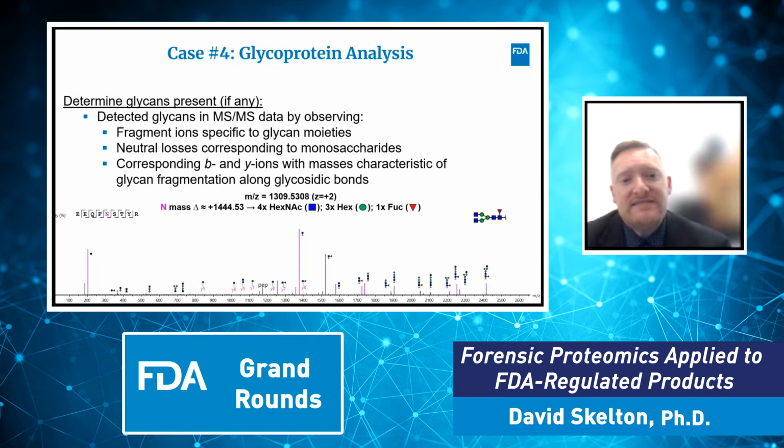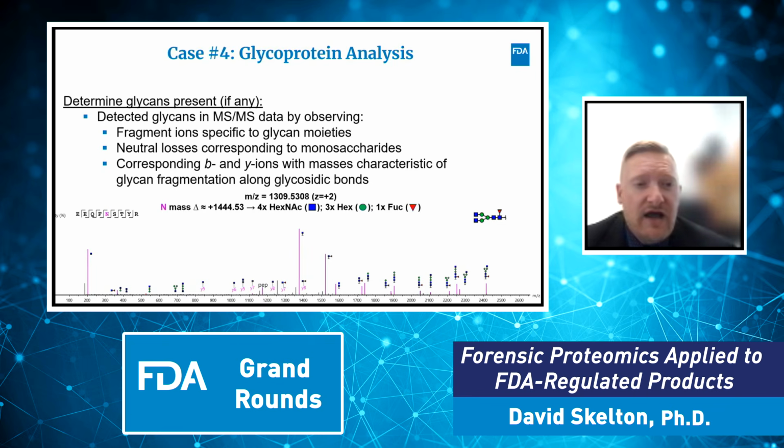We noticed this mass difference on here, and we were able to elucidate the structure of the glycan that was on that asparagine by looking at the monosaccharides that were fragmenting during the fragmentation process. So in this spectra, we are showing different B and Y ions.